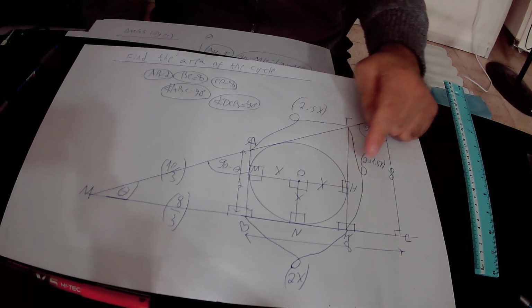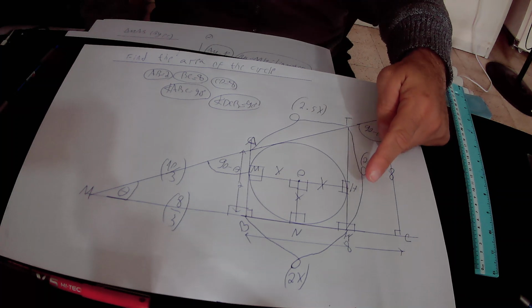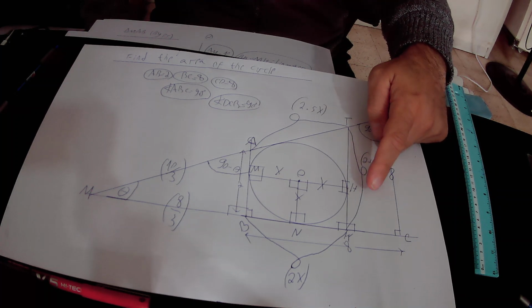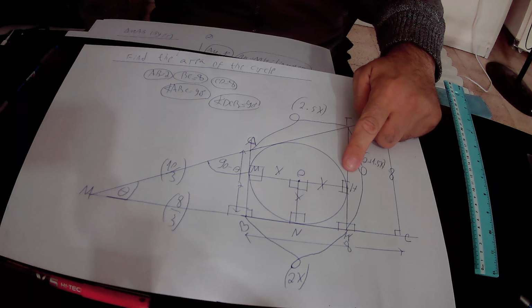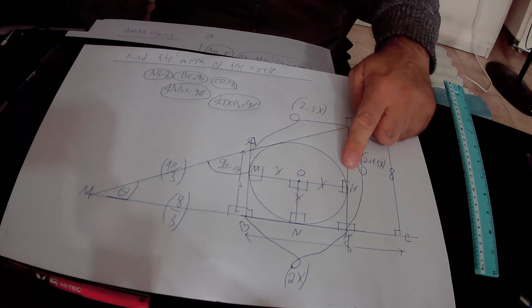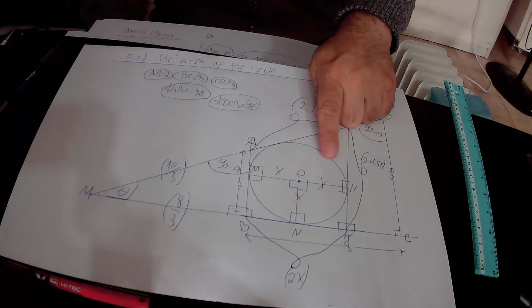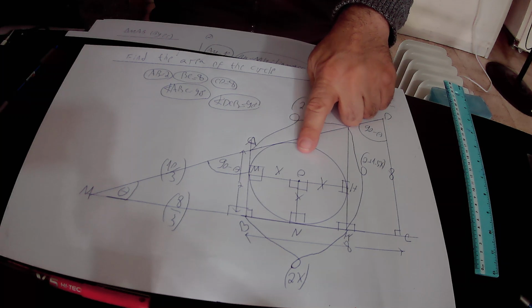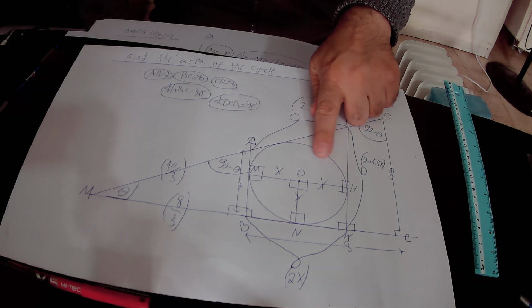H is the point of tangency of tangent TH with this circle. We join points O and H together by a straight line.